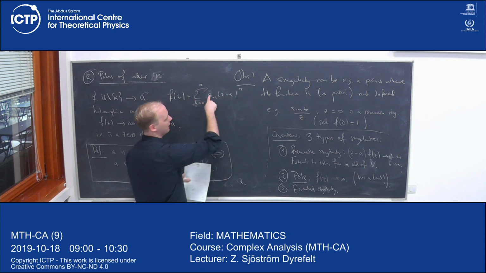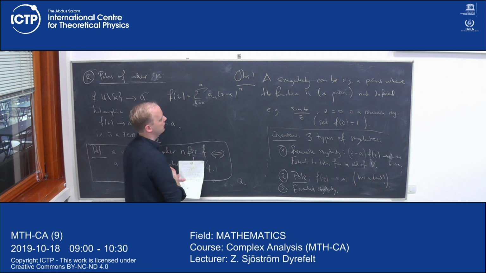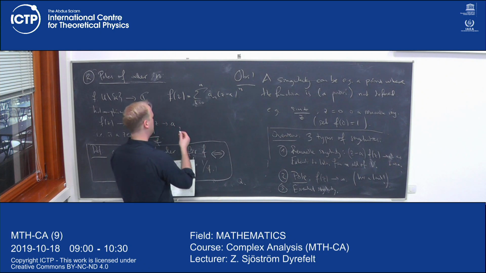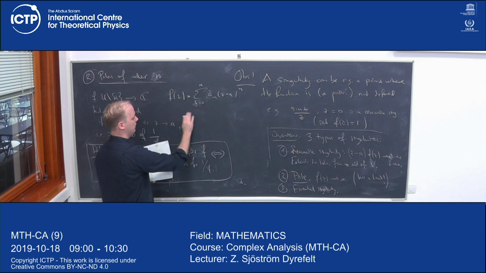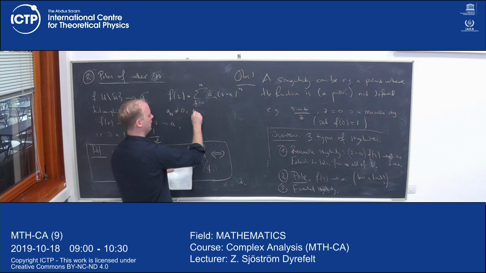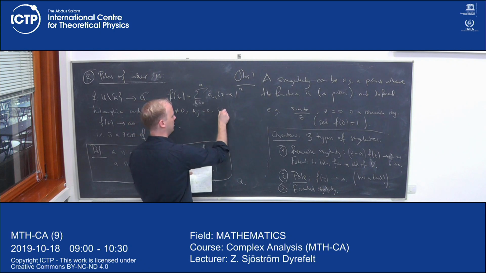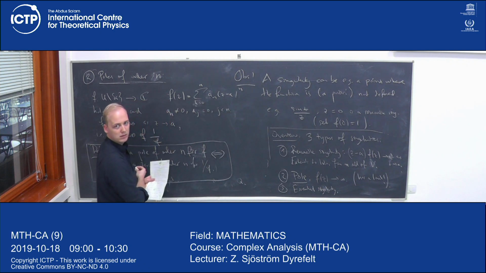Let me just write it with a_j, even though we know what these coefficients are. Then there exists a smallest index n such that a_n is non-zero, but a_j is 0 for j less than n. Then n is the order of the zero of this function.